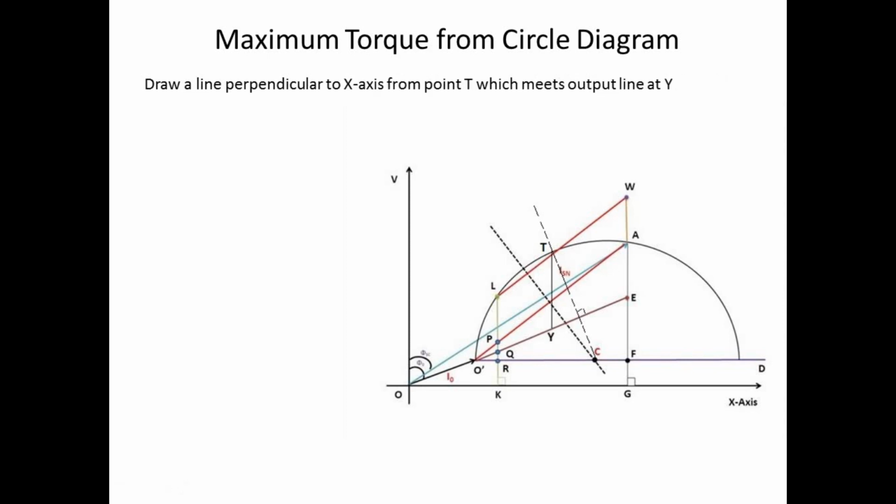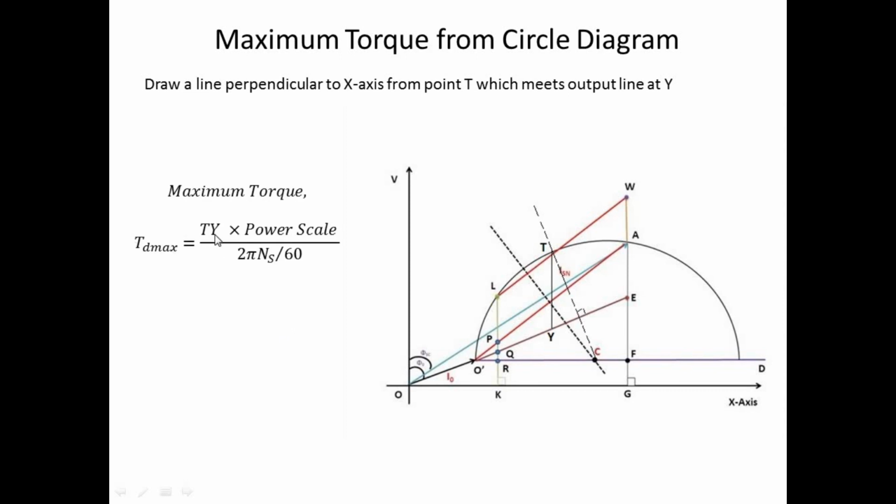So T is the point corresponding to maximum torque on the circle diagram, and we can find the value of maximum torque by drawing a perpendicular line to the x-axis from T. Let this line touch the torque line at Y. Hence TY is the line corresponding to the maximum torque, and we can find the value by this equation.